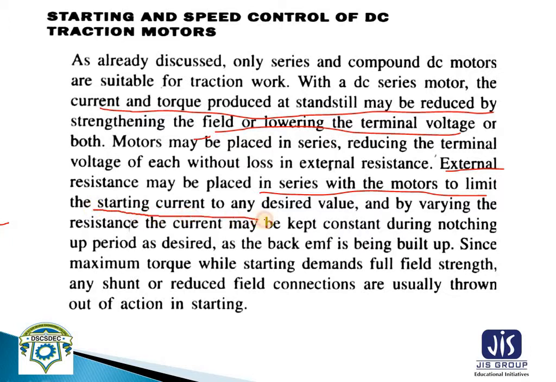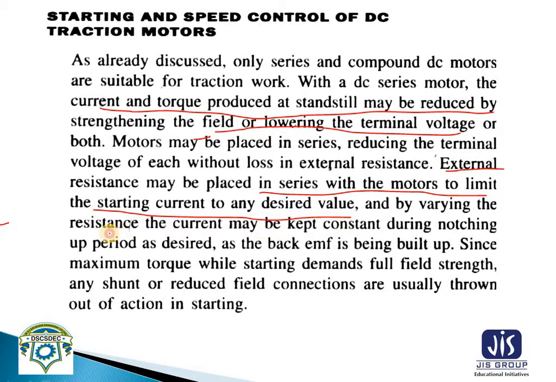Because in the case of a DC series motor, the challenge is that at the time of starting it can create a large amount of starting torque, so the starting current is also very high, and by varying the resistance the current may be kept constant.